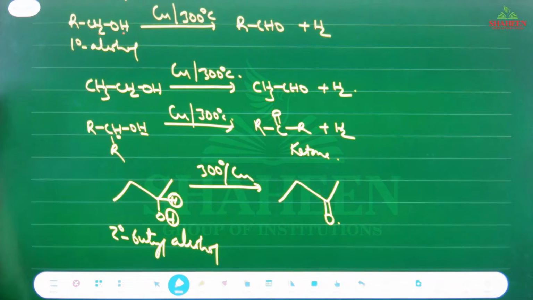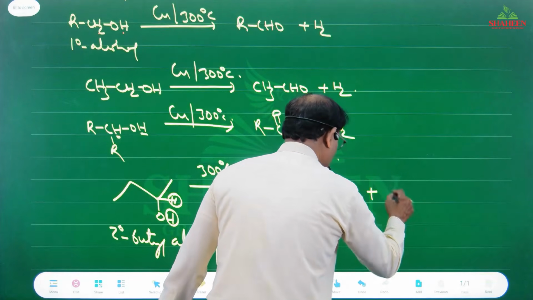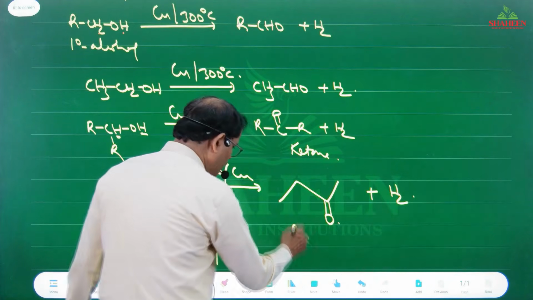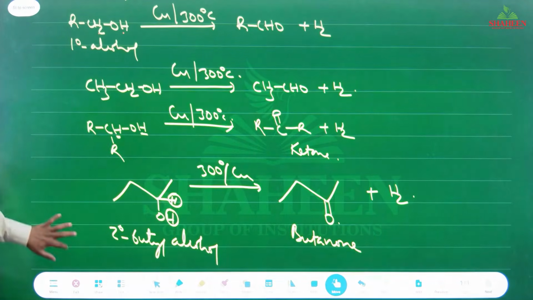We get 2-butanone, a ketone, as the product.